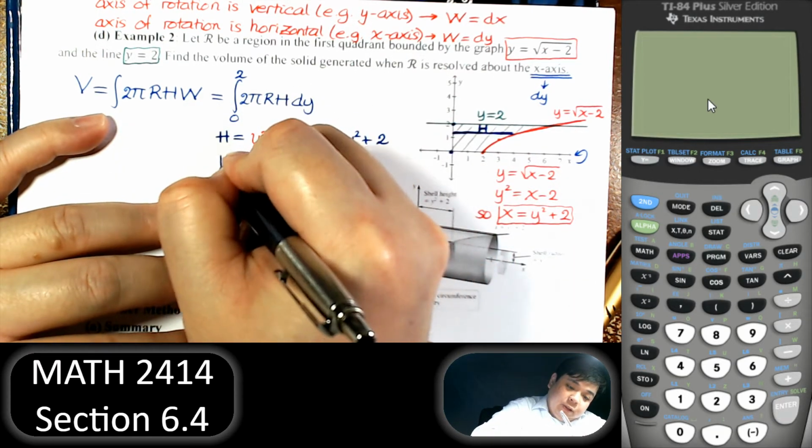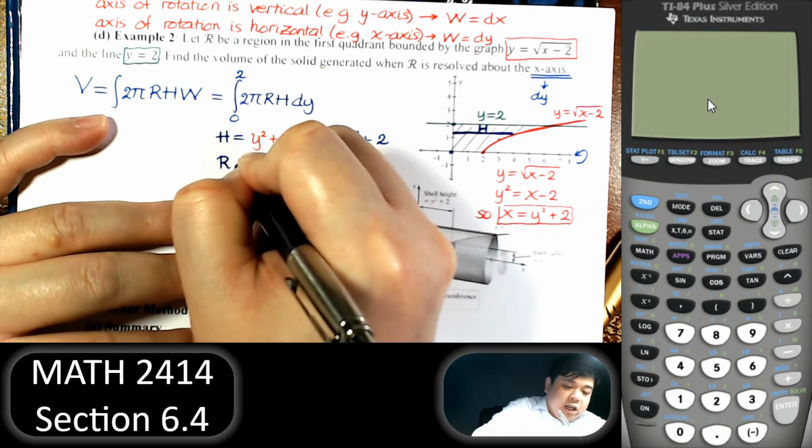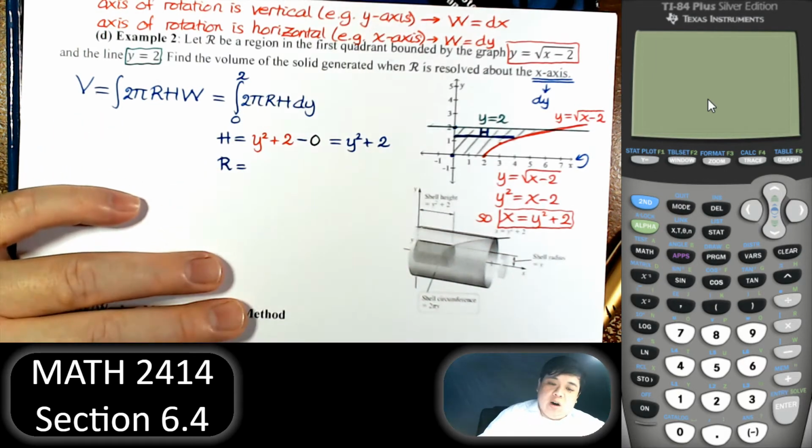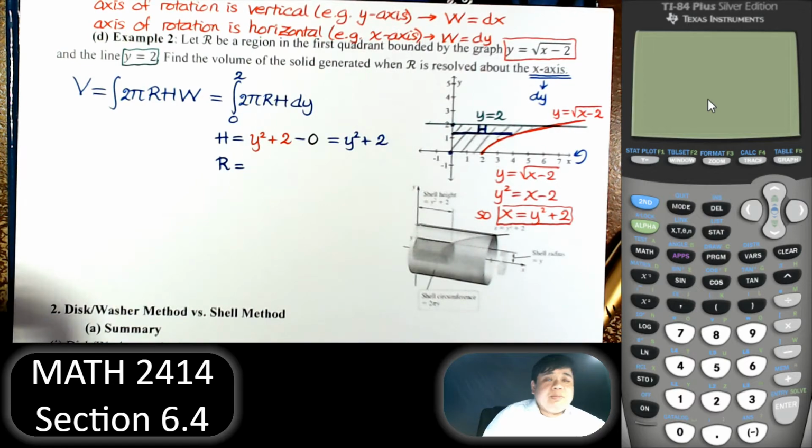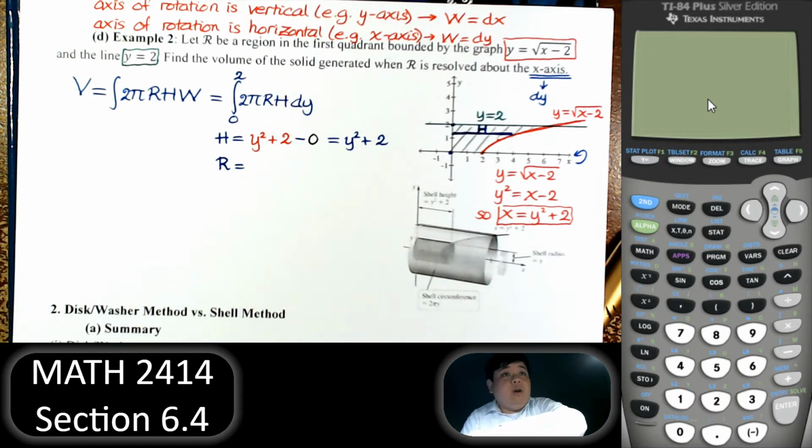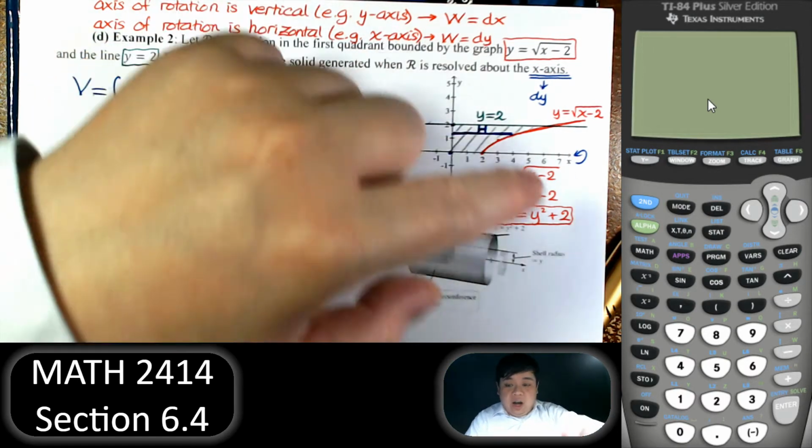And then r. Right. Usually this is the tricky part when we determine the r. So r is the distance from the axis of rotation to whatever the line we have here.